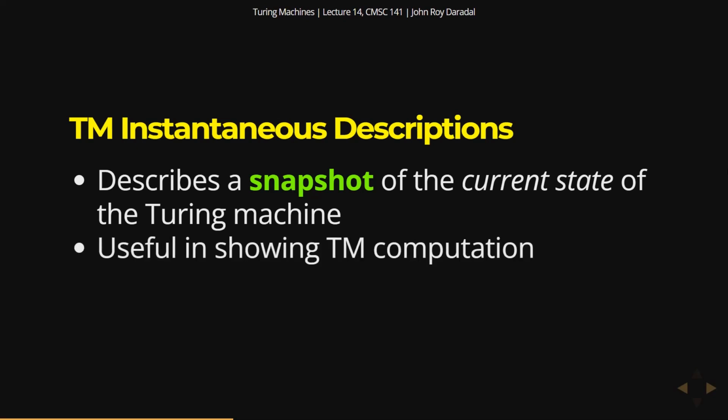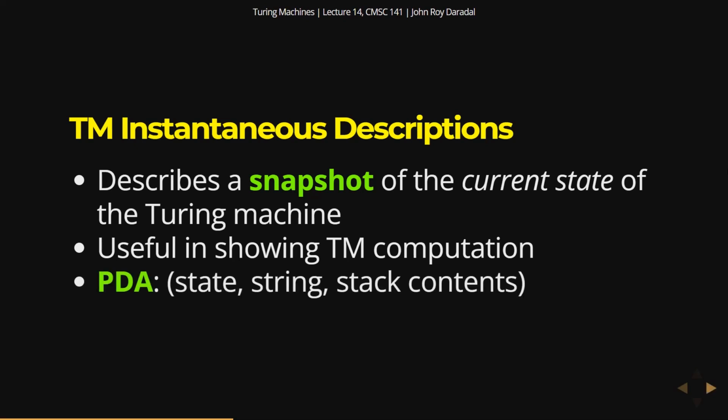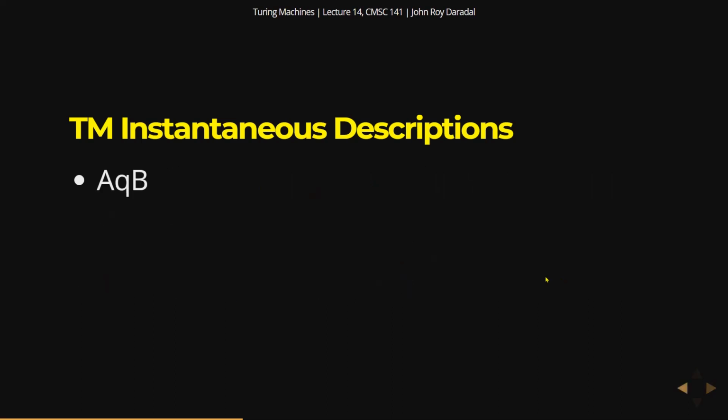This is useful in showing TM computation, especially if you're writing it on paper. In the PDA, the instantaneous description had three parts: the state, the string, and the stack contents. In Turing machine instantaneous descriptions, or Turing machine IDs, it will look like this: A q B.